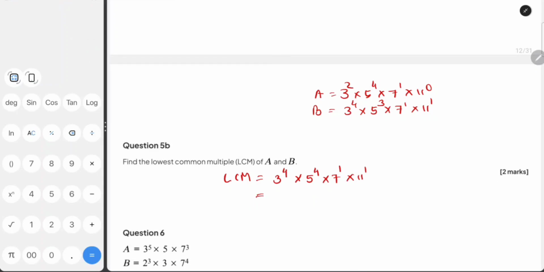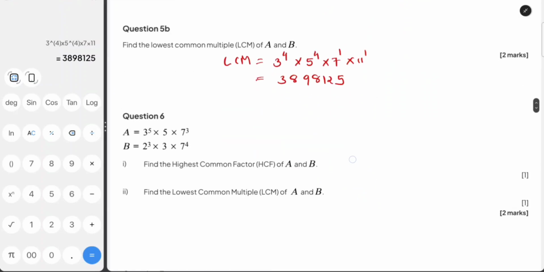Now let's use calculator. 3 to the power 4 multiplied by 5 raised to 4 multiplied by 7 multiplied by 11. You are getting 3898125. You see, the calculations are bigger, so you need the calculator for this kind of questions.